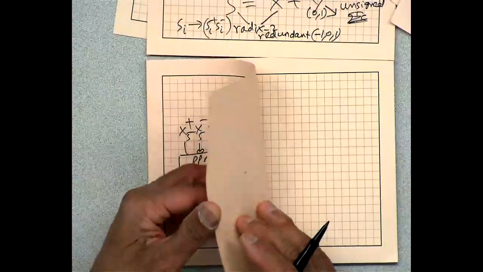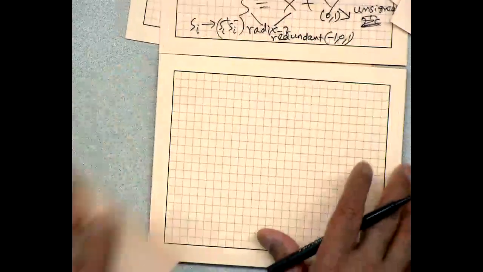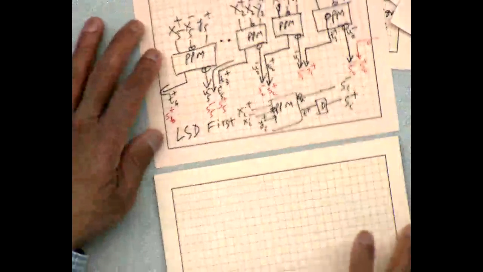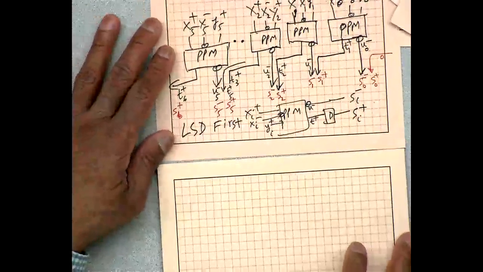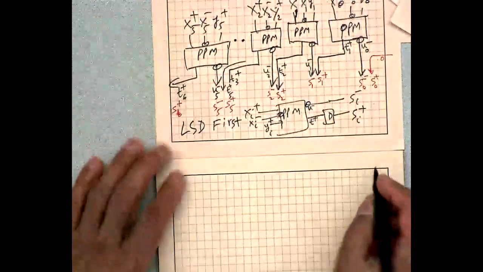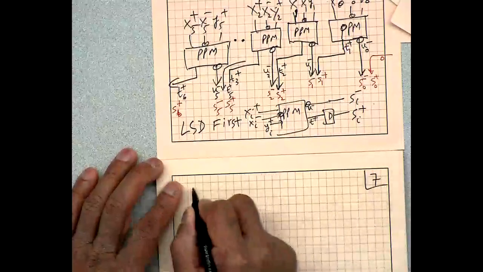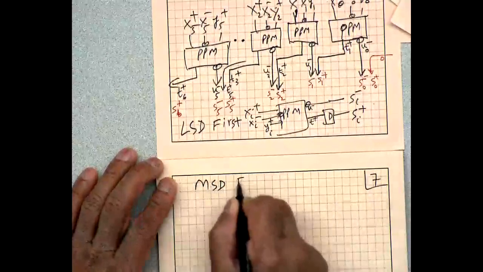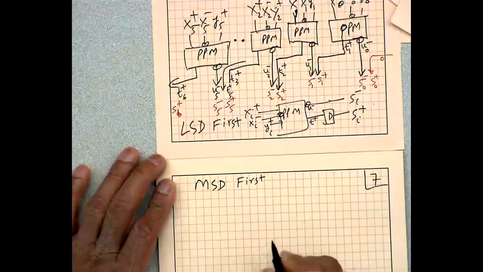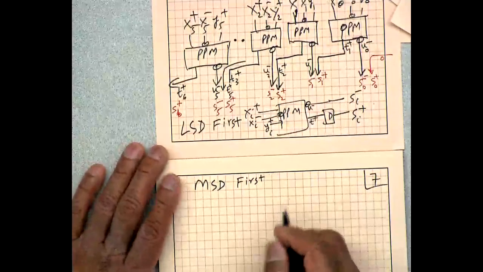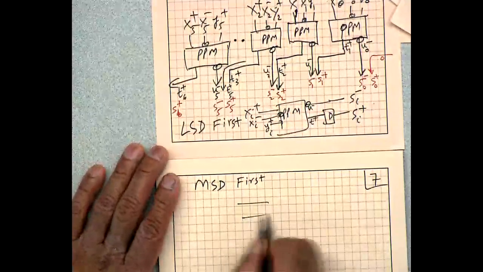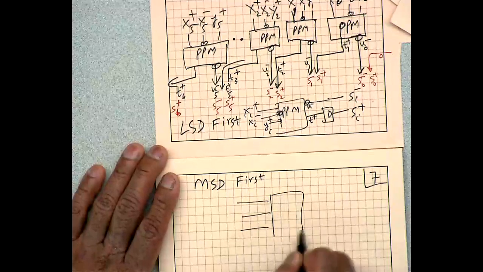If I want to implement that in MSD first, I can do that as well. There is nothing that will prevent me from operating the hybrid adder in MSD first. So let's take a look at how the MSD first works.